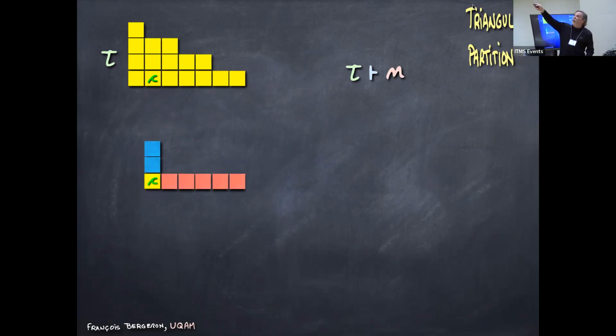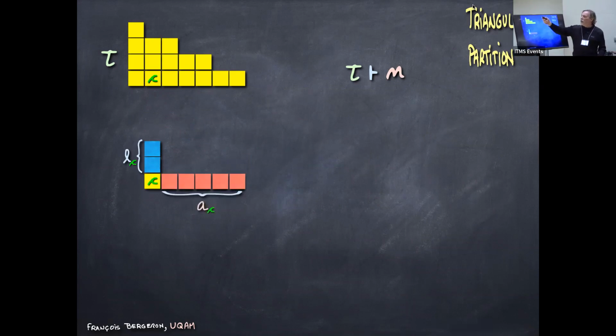So I just pulled out the hook of the cell c in the partition, and I'm going to calculate two simple numbers out of this. In the hook, there's the leg of the hook. That's because in French notation, the leg points up. And then there's the arm of the hook.